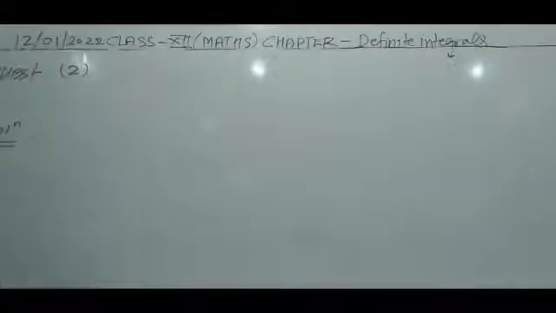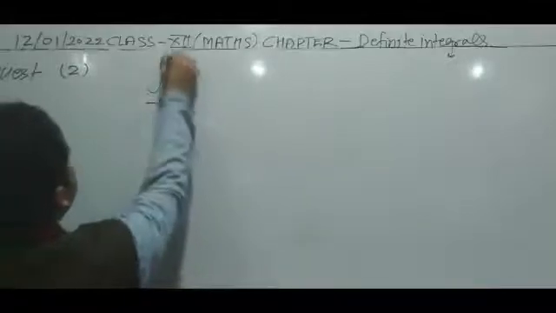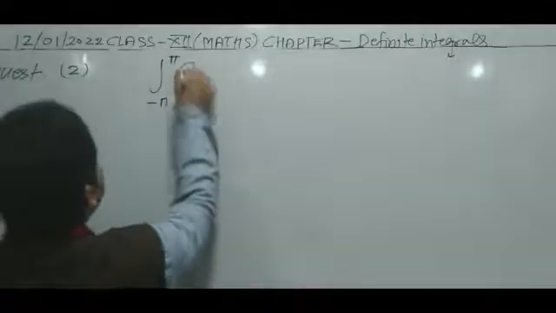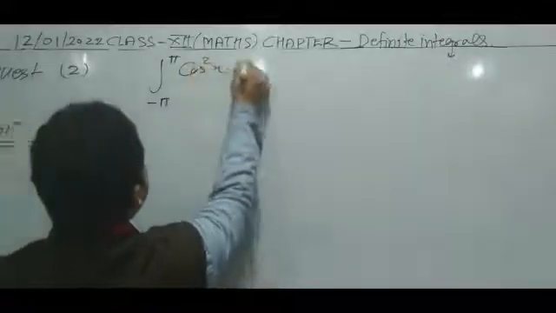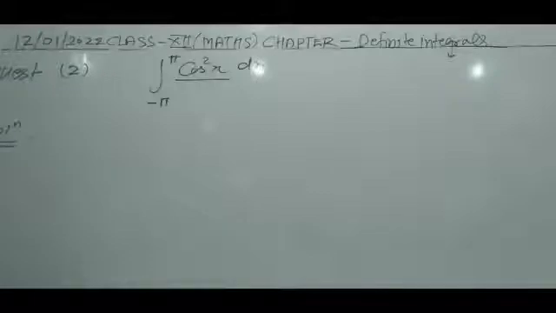See, now question number 2 is, we have to evaluate the integral from minus pi to pi of cos square x dx whole upon 1 plus a to the power x.